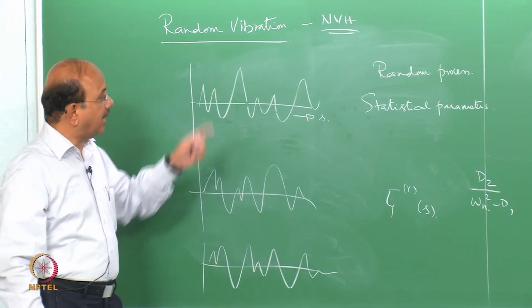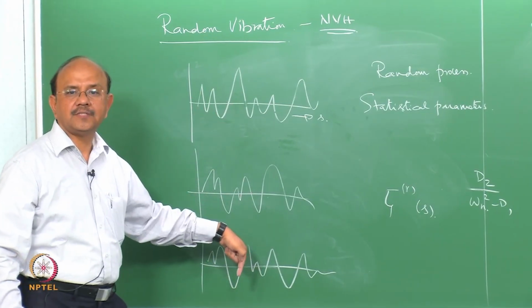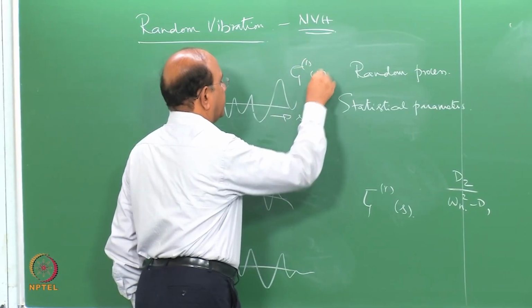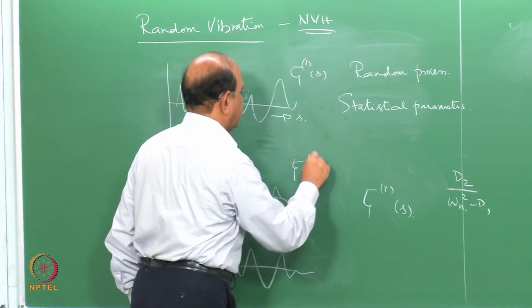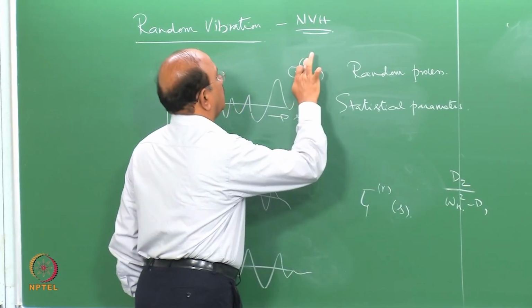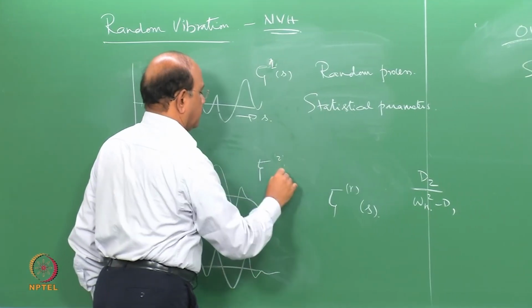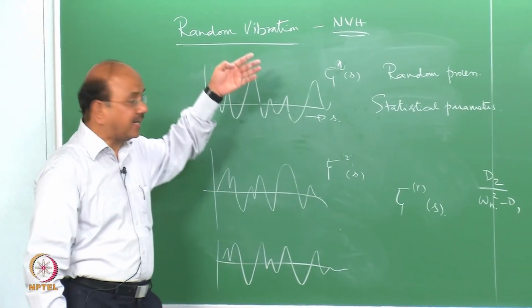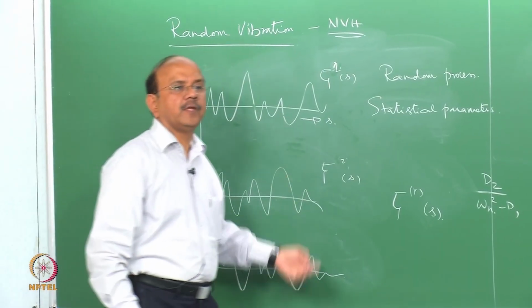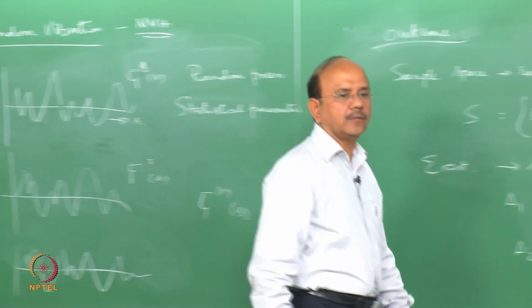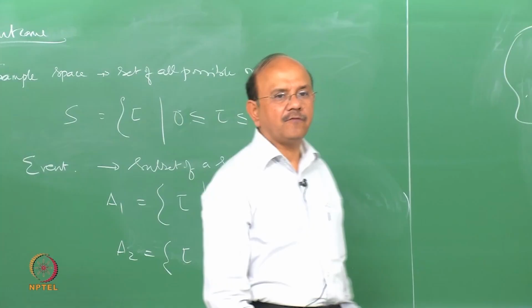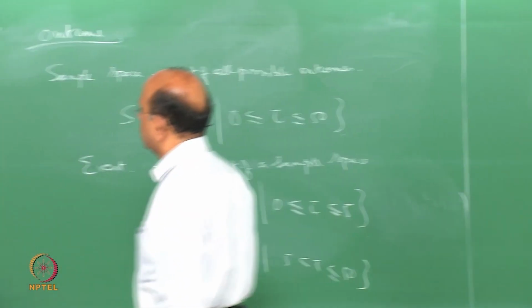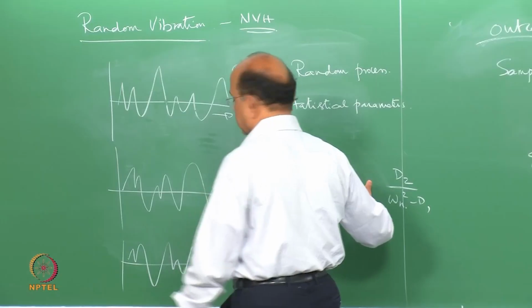I take a number of such readings, so this I would call zeta 1s, this I will call zeta 2s, and so on. So there can be infinite such zetas, which have two notations. One is R and the other is S.